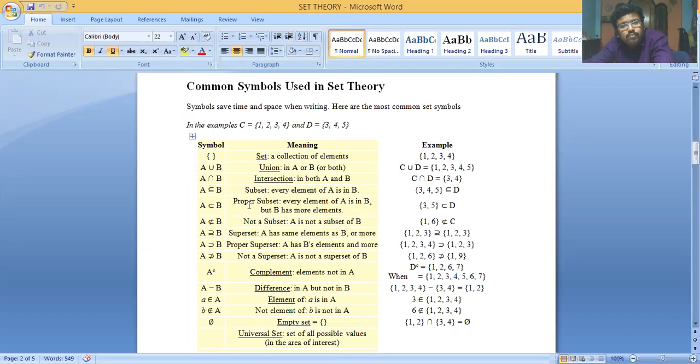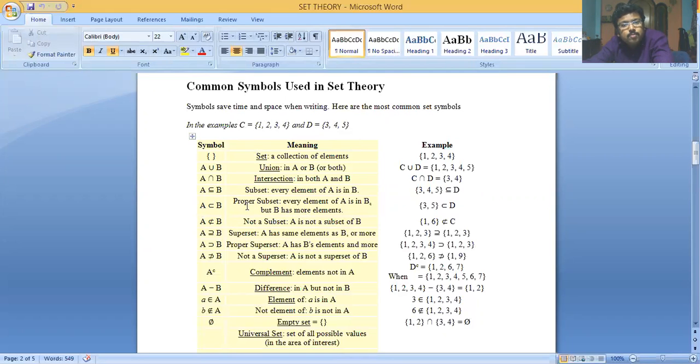Every element of A is in B. In this example, 3, 4 and 5, these three elements, 3, 4 and 5 is a subset of C.